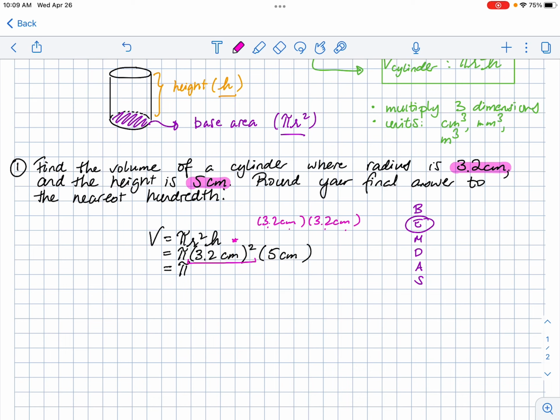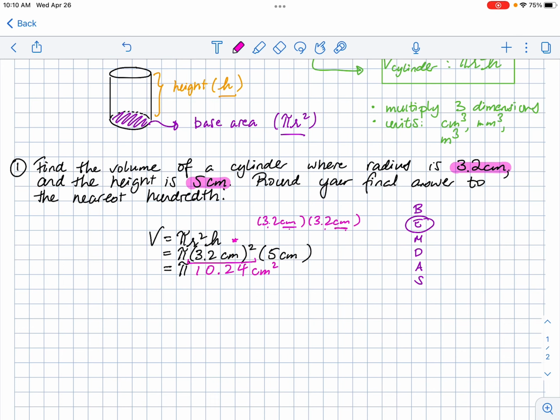So at this step, you're going to take it out of the brackets. 3.2 centimeters times 3.2 centimeters, if you're using your calculator, gives you 10.24. Now, because you're multiplying out the centimeters times centimeters, it has to be 10.24 centimeters squared at this point. Okay, because you are multiplying out the units of measurement too, right?